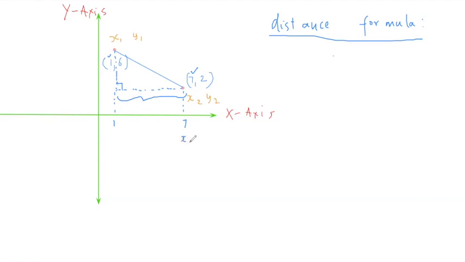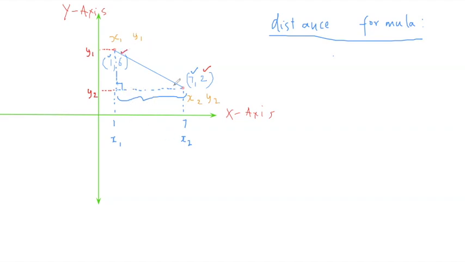And this is x2 and this is x1. And if you look at the y side of things, very similar. This is y2 and this is y1. Okay. Is that okay? Clear with that? Yes, y2, sir. y1.